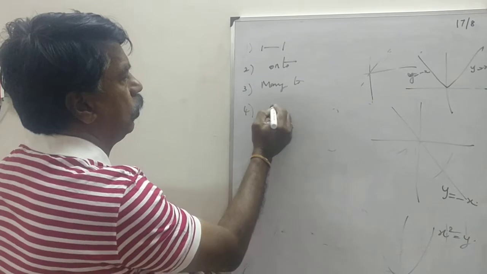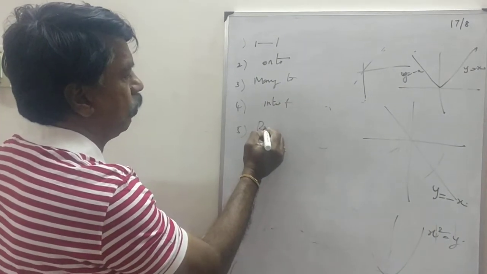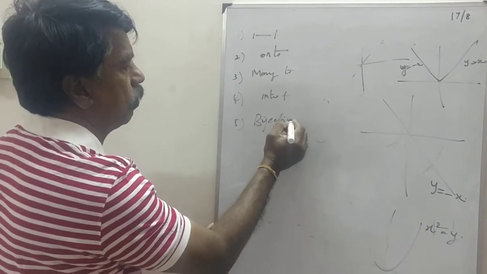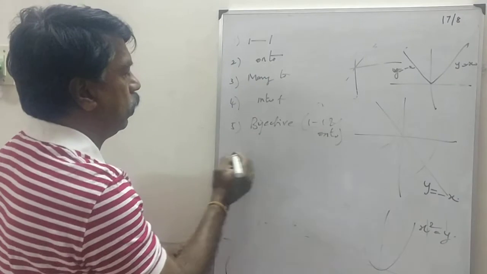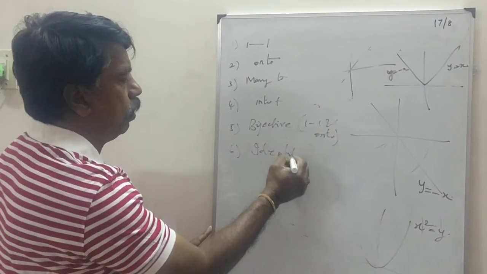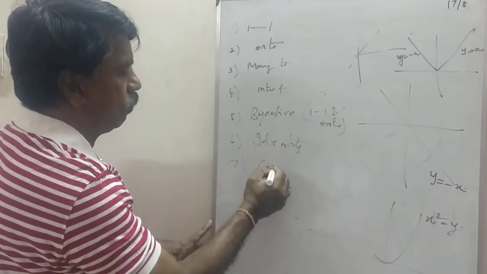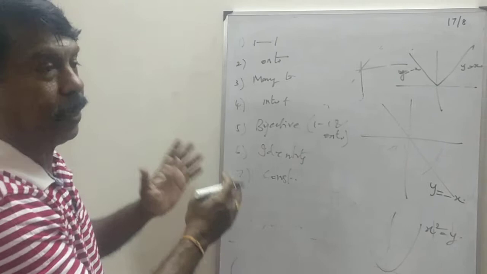Number 4, into function. Number 5, bijective function, which is one-to-one and also onto. Then identity function. Then constant function. And these are the different types of function.